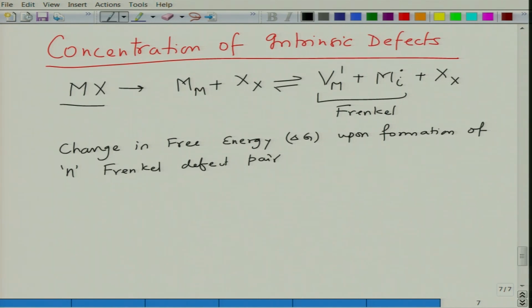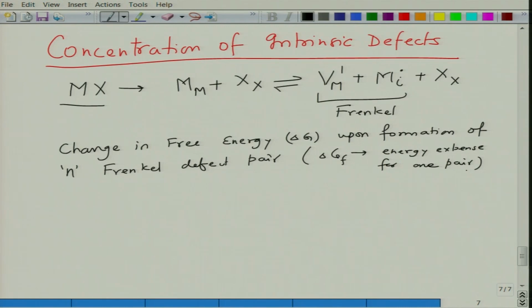Let us say we form n pairs, and we say that delta Gf is the energy expense for one pair.